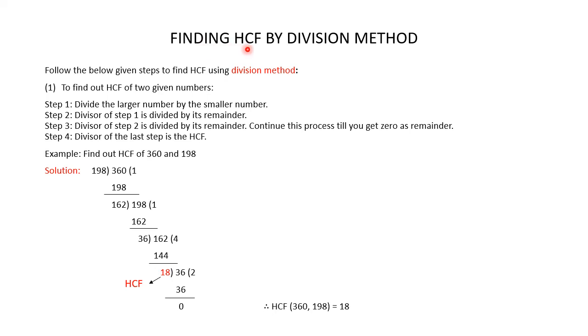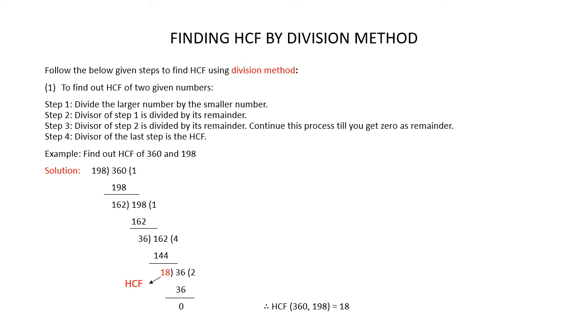Now let's find HCF by division method. Finding HCF by division method involves 4 steps. In the first step, you have to divide the larger number by the smaller number. In step 2, the divisor of step 1 is divided by its remainder.